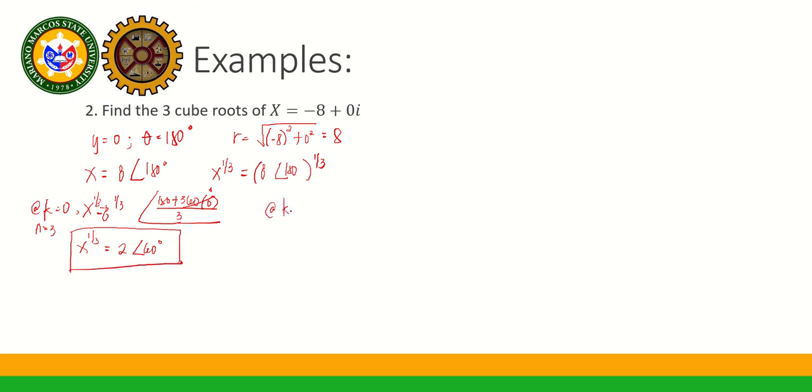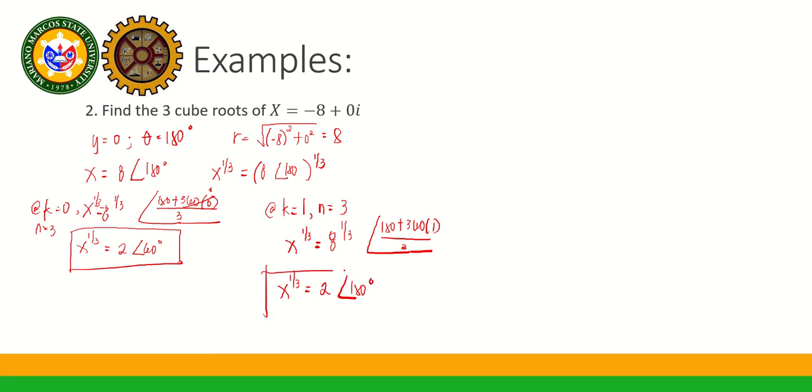Now, at k equal to 1 and n equal to 3, our x raised to 1/3 is equal to 8 raised to 1/3 angle 180 plus 360 times 1 all over 3. So our second root will be equal to 2 angle 180 degrees.